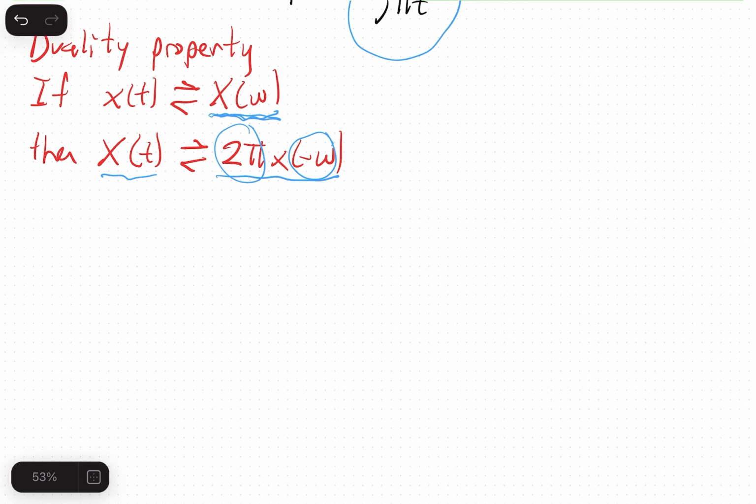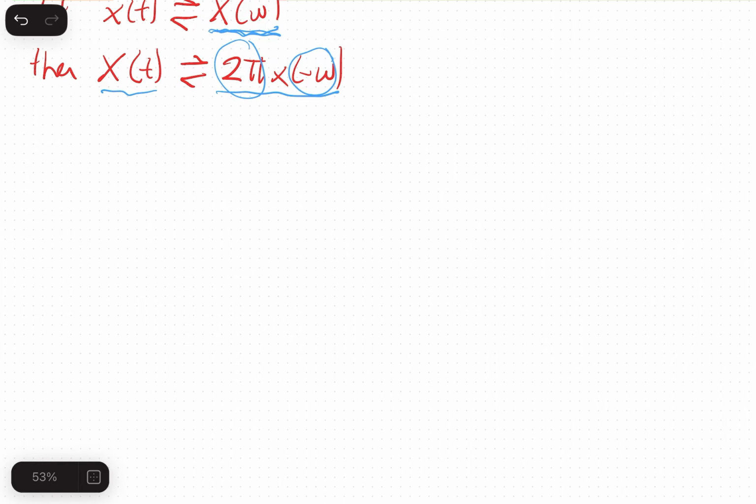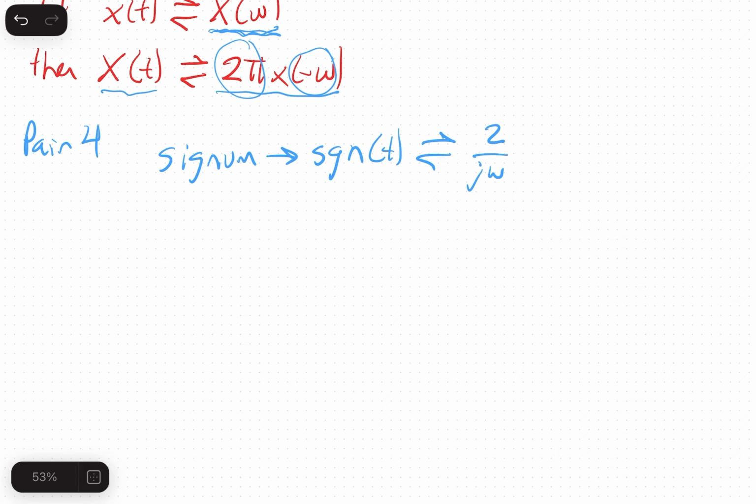All right, so if you check your pairs, you might find that pair number 4 is what it looks like, which is the signum function, right? Signum, which we usually abbreviate by SGN, signum of t, its pair is 2 over j omega.